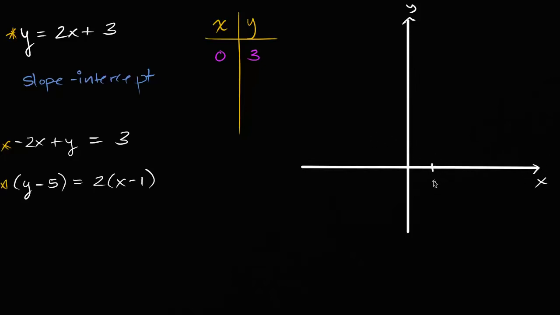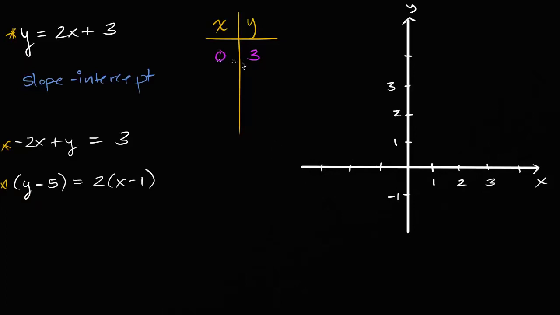So this is x equals 1, x equals 2, x equals 3. This is y equals 1, y equals 2, y equals 3, and obviously I can keep going. This would be y is equal to negative 1. This would be x is equal to negative 1, negative 2, negative 3, and so on and so forth.